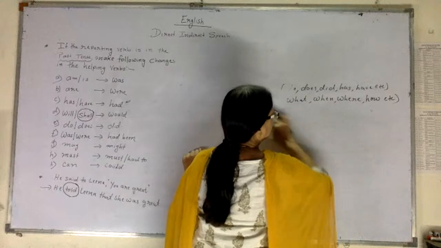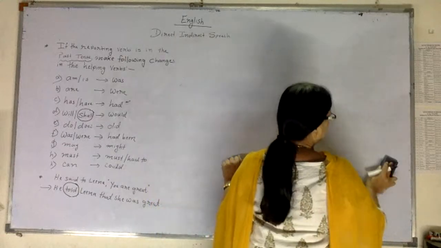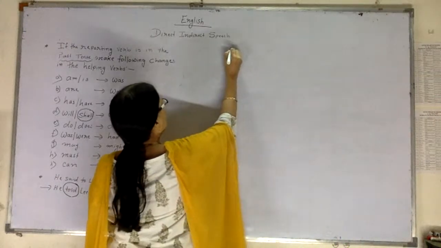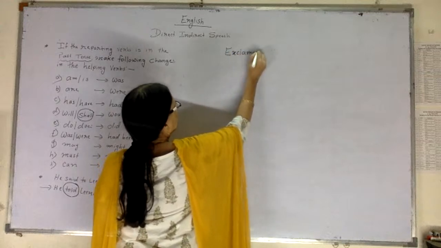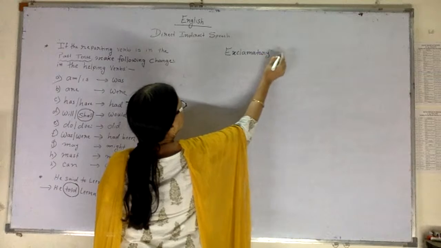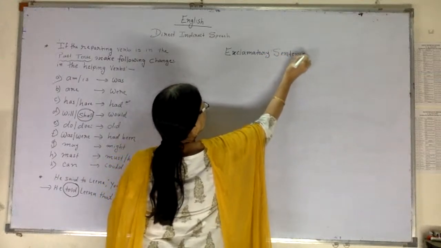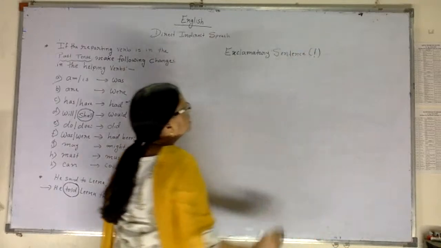Now we'll just see the exclamatory sentence. What is an exclamatory sentence? An exclamatory sentence always expresses our feelings or emotions. That is called the exclamatory sentence. An exclamatory sentence always has an exclamation mark, right?